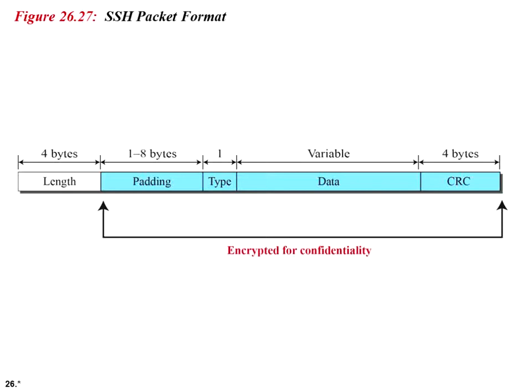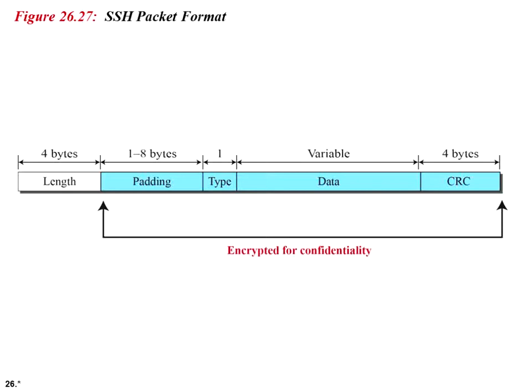This figure shows the SSH packet format. Here we have 5 fields. The first one is the length, the second is padding, then we have type, data, and CRC.